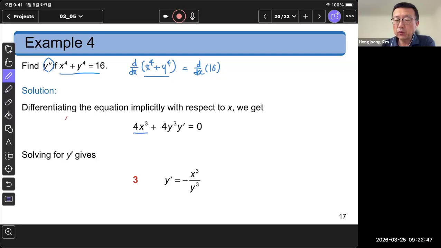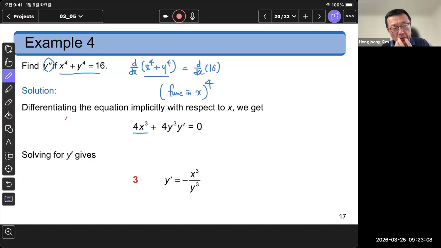When I differentiate y to the fourth with respect to x, since y is a function of x, you have some function in x and you are taking the fourth power.